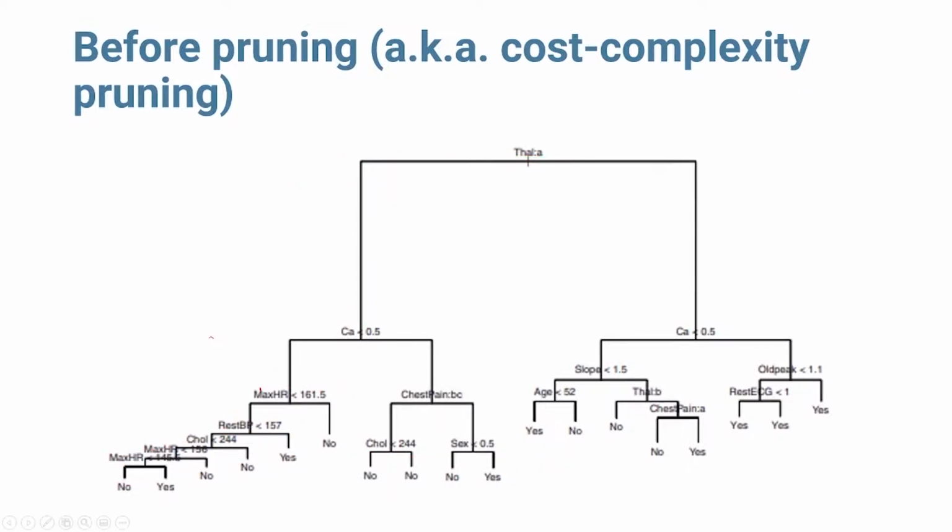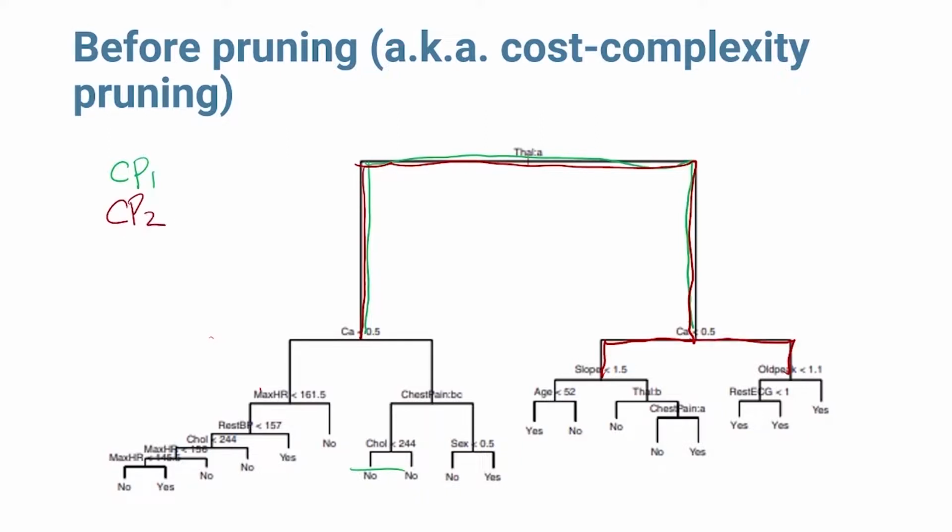So consider this tree, which as you can see is very complicated. You can use cost complexity pruning to make it simpler. So first of all, look at the top tree. This just has 2 nodes, and the CP value we'll just call CP1. And then you can compare this with the second tree. The second subtree would include this first node and then also these other nodes. And this would have a CP value of CP2.